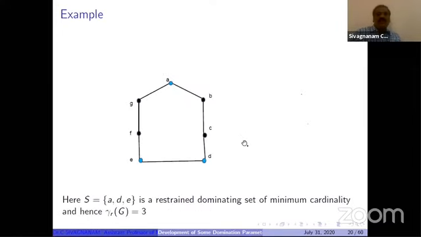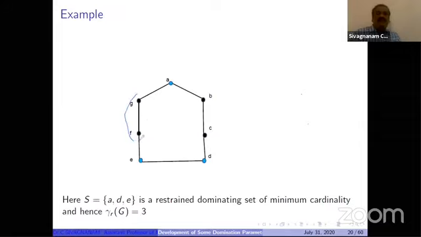So in this example, you have to see the cycle C7, I'm taking again. I'm taking the blue color vertices A, D, E. So S contains the vertices A, D, E. Okay. So what is V minus S?